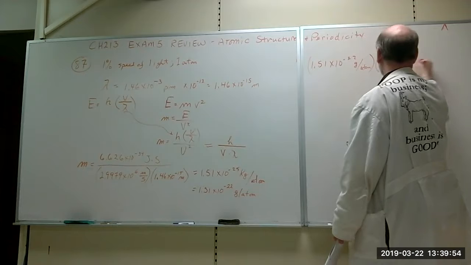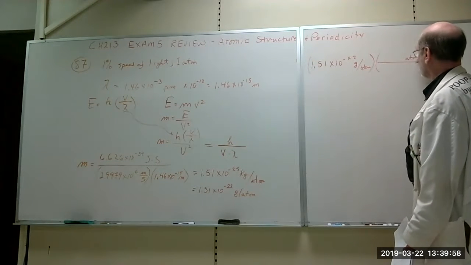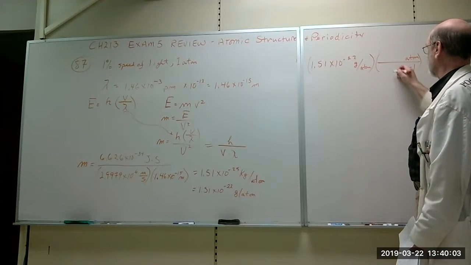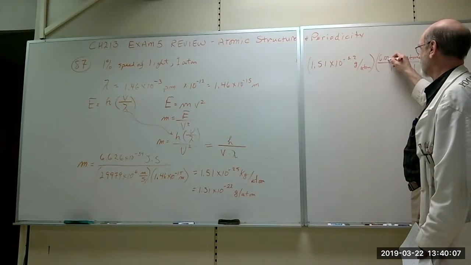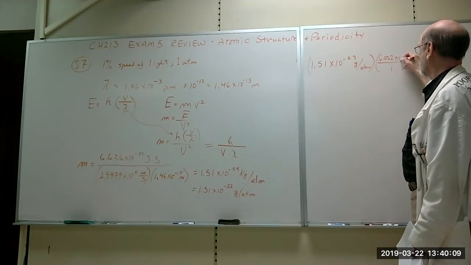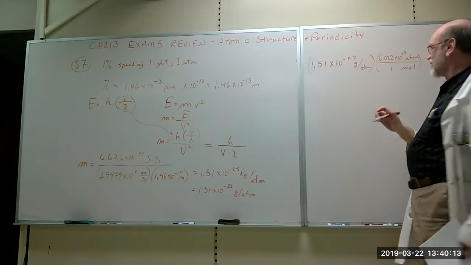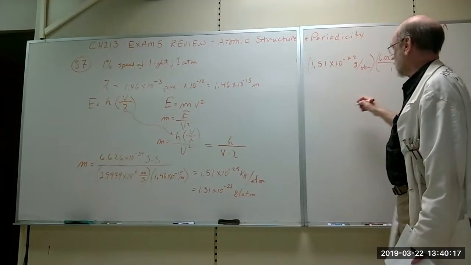Then we need to get rid of the atom, right? Denominator, numerator, and leave us with moles. So how many atoms in a mole? Avogadro's number, right? So if we multiply this times that, atoms cancel, and that's grams per mole.